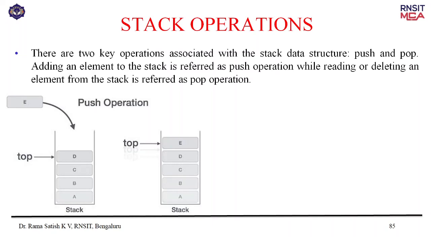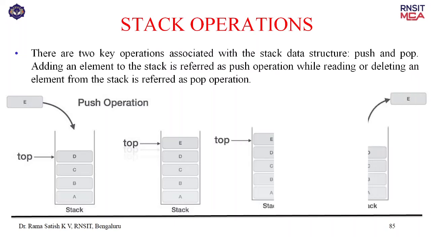Generally, top will be pointing to the topmost element. If you want to do a push operation, you have to increase the top value, then you have to store the element into the stack. The stack is basically an array.